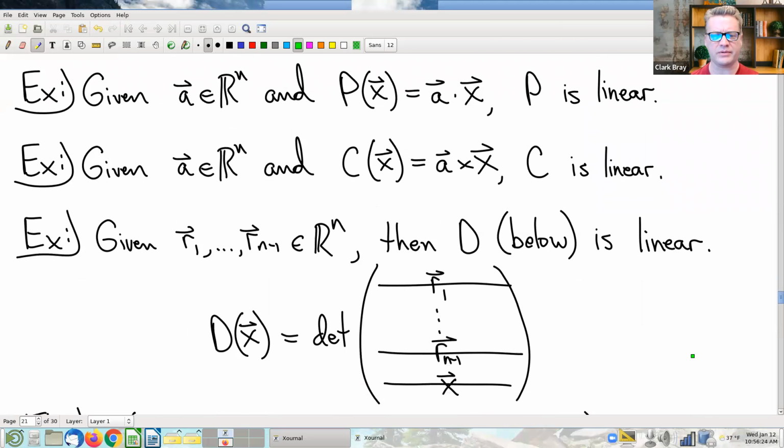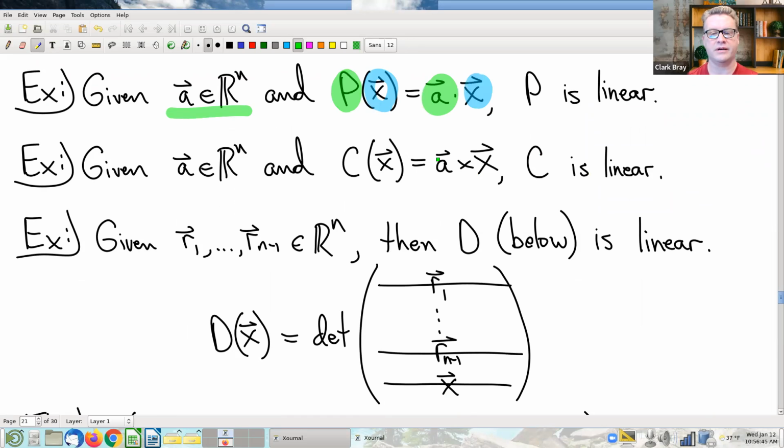Again, I think you've probably seen most of these before, but if you have some vector A in Rn, you can use the dot product with that vector to define a function. What does P do to a vector x?